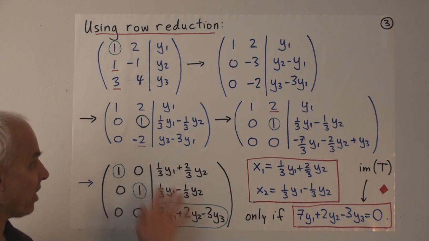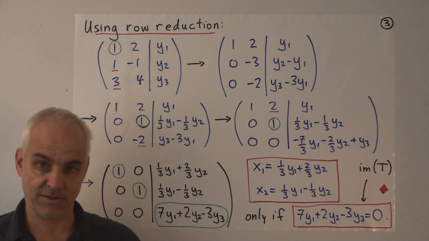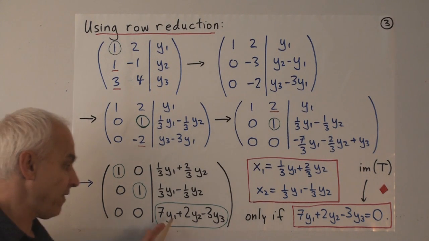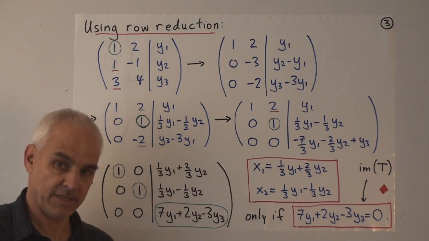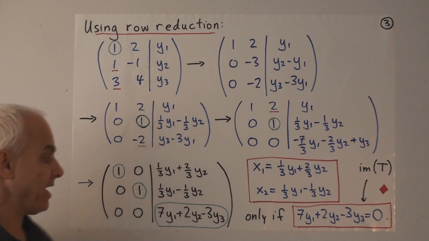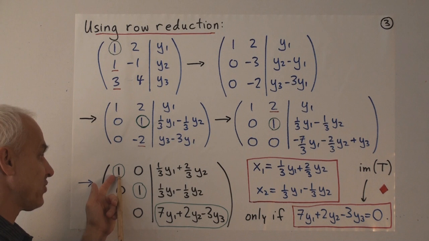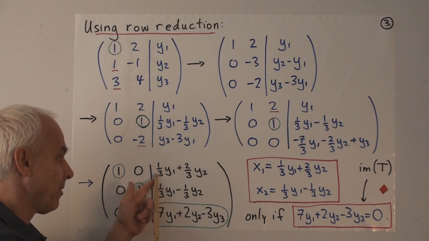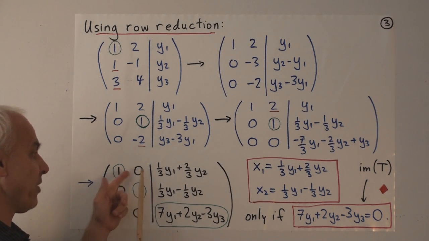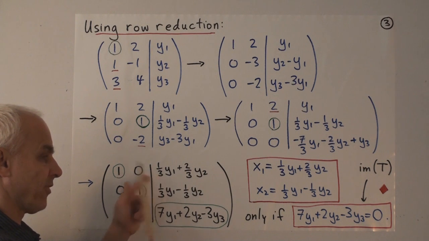So the only way our system has solutions is if this quantity is 0. And if this is 0, then we can read off what the solutions are. Then x1 will be this, because this first equation reads x1 plus 0x2 equals this.